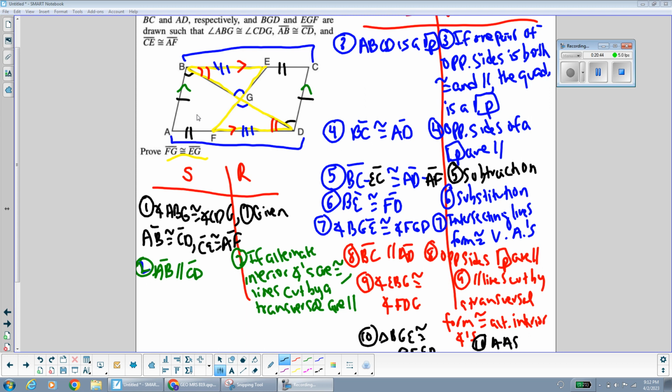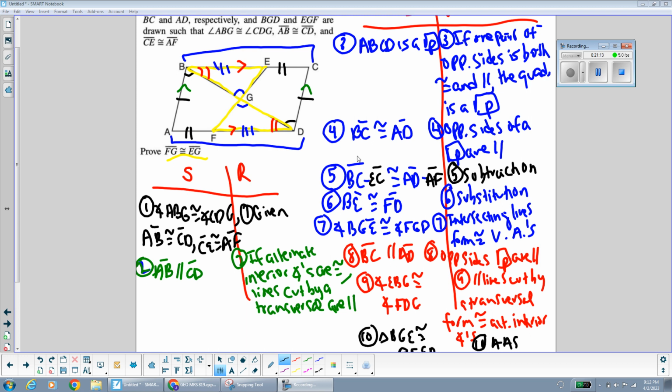Now, I know that ABCD is a parallelogram because, once again, if one pair of opposite sides is both congruent and parallel, then the quadrilateral is a parallelogram. And once I know I have a parallelogram, I know that the opposite sides BC and AD are congruent. That's my step number 4. So then, since I'm starting with congruent segments BC and AD, I subtracted off EC and AF to be left over with BE and FD.